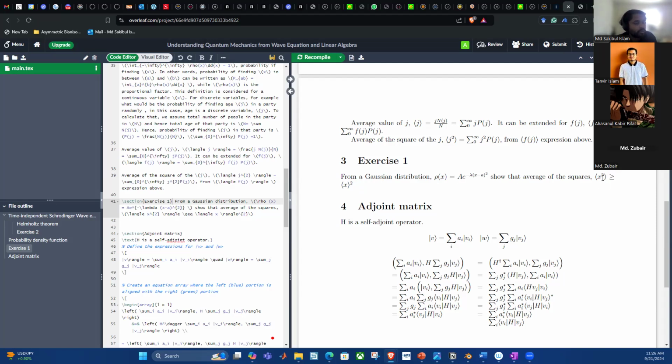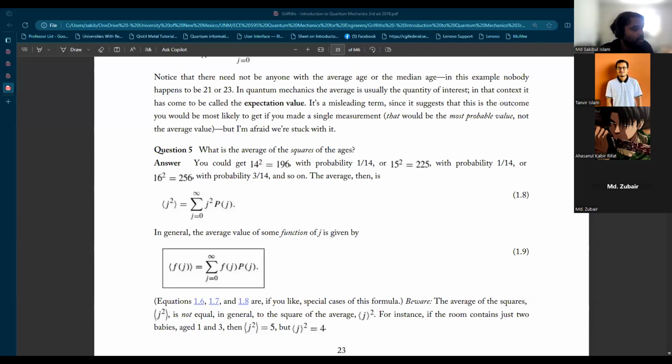So try to do that. It will give you some idea that this is the way you can do the average of the square. And if you have any questions, just keep discussing.